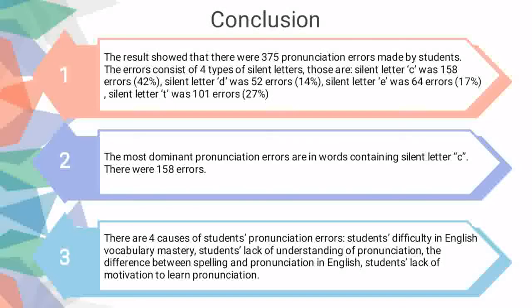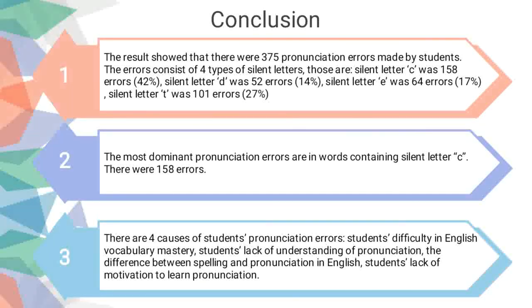Next, conclusion. The results showed that there were 375 pronunciation errors made by students. The errors consist of 4 types of silent letters. Those are silent letter C was 158 errors or about 42%.